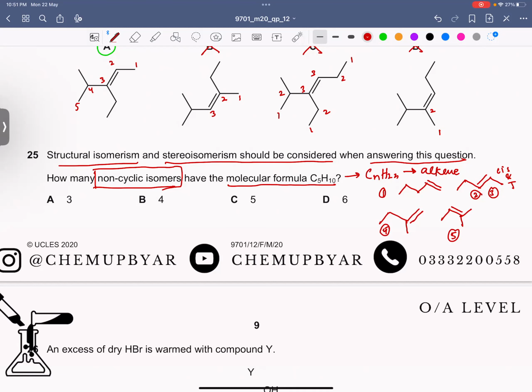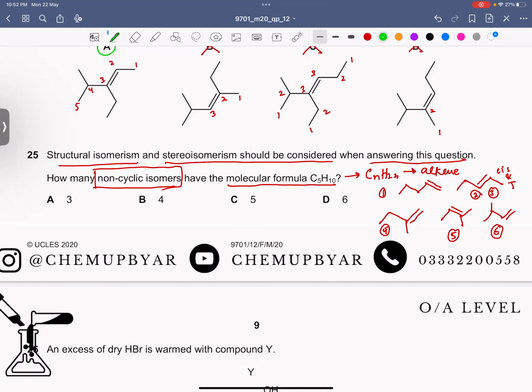Now, what can be any other possibility? I again make the 4 carbon atoms, double bond on one side and branch on the other side. That can be my 6th isomer. And it also doesn't show any cis and trans because one double bonded carbon has the same groups. So in total, I am getting 6 isomers.